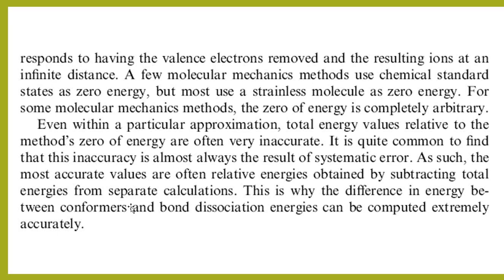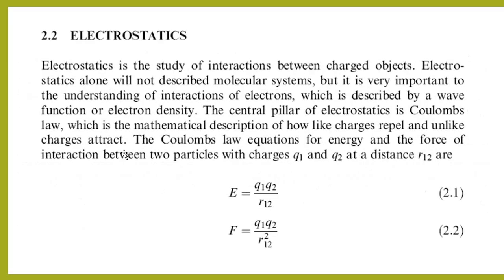As such, the most accurate values are often relative energies obtained by subtracting total energies from separate calculations. This is also a very important point here. This is why the difference in energy between conformers and bond dissociation energy can be computed extremely accurately.